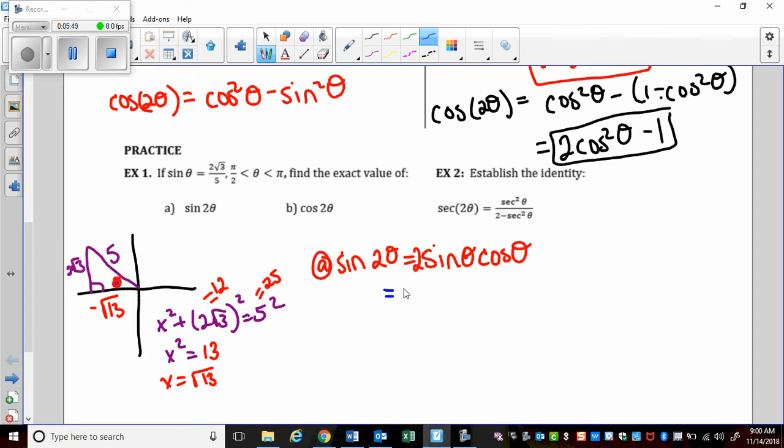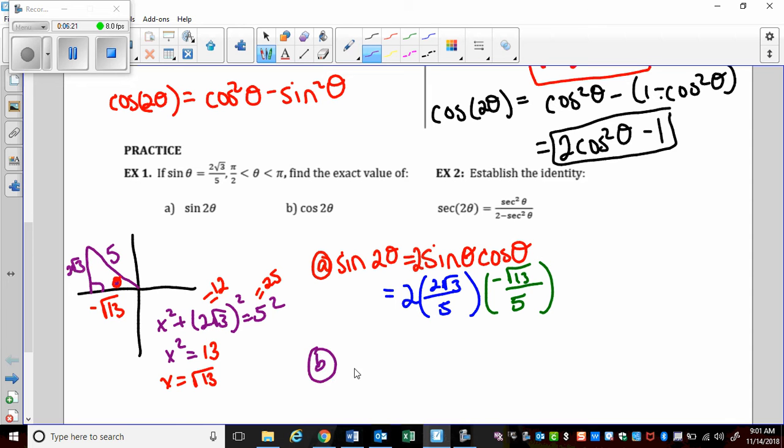This is 2. Sine, we already know, is opposite over hypotenuse, which is 2 square root of 3 over 5. And cosine is the adjacent over hypotenuse. So this one is going to be negative square root of 13 over 5. So you're going to have to multiply these together and find out what sine of 2 theta is going to equal. I'm going to set up B for you also.